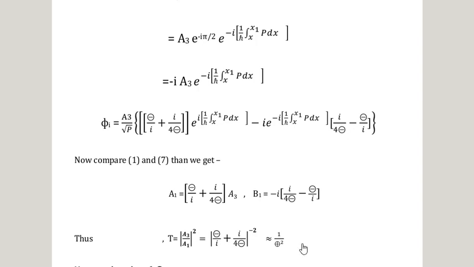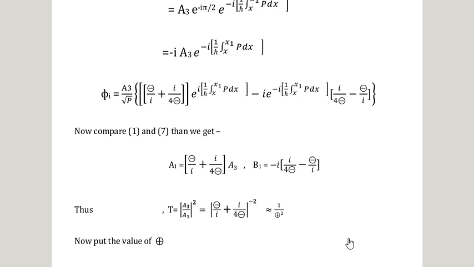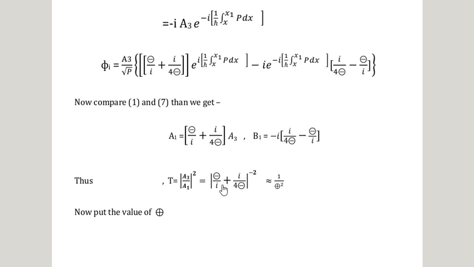So A3 upon A1 is equal to this. Now take theta by I outside. So I mod is equal to 1, that means theta to the power minus 2 outside, and in the bracket 1 plus 1 upon 4 theta square.